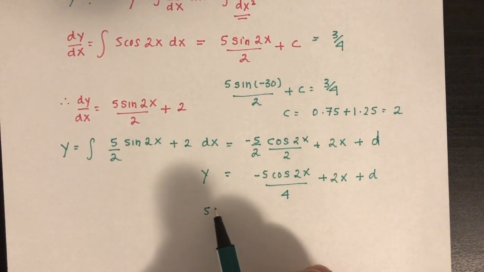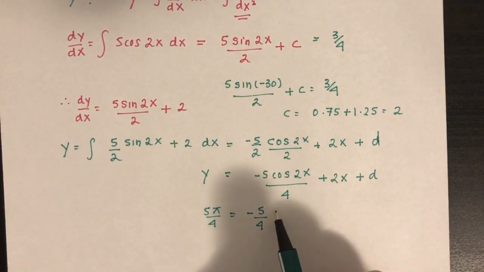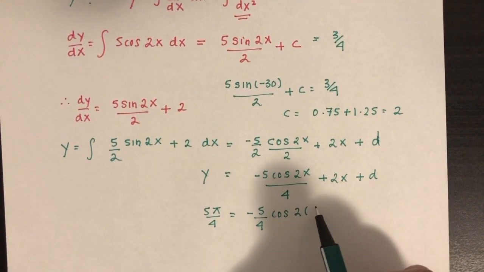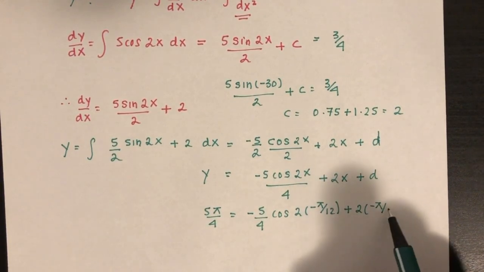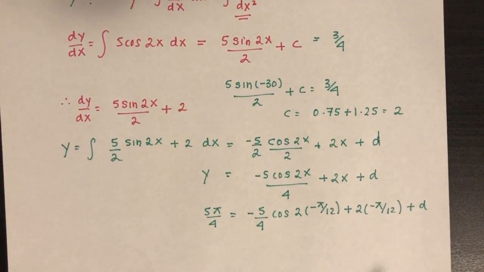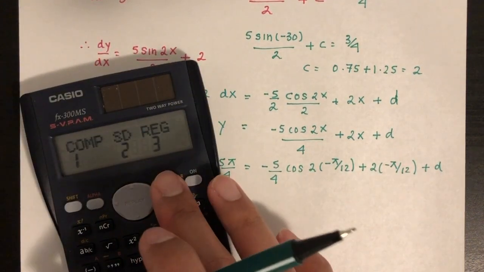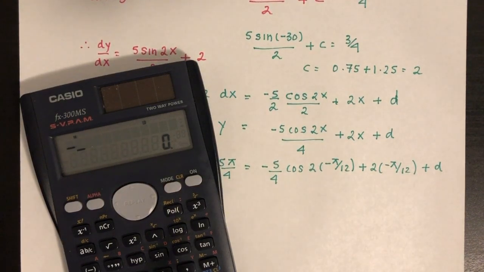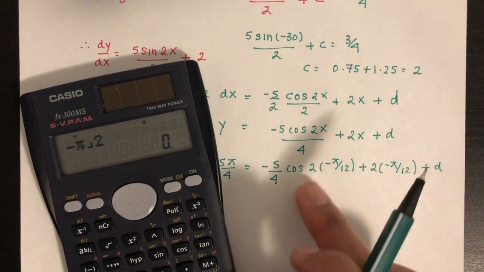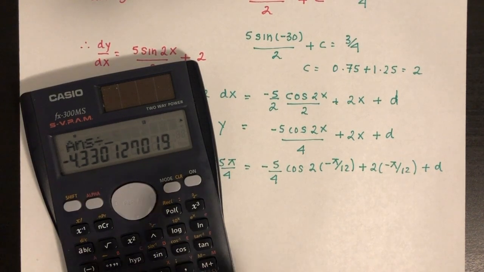So y equal to 5 pi over 4 equals minus 5 over 4 cos of 2x, where x is minus pi over 12, plus 2 times minus pi over 12, plus d. Now we can just solve this and find the values of each of them. So let's use radians. Inside we have minus pi over 12 times 2, cos of that value, times minus 5 divided by 4.